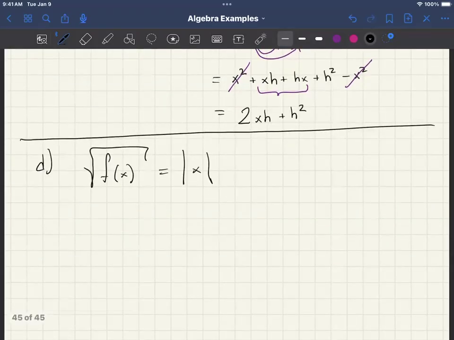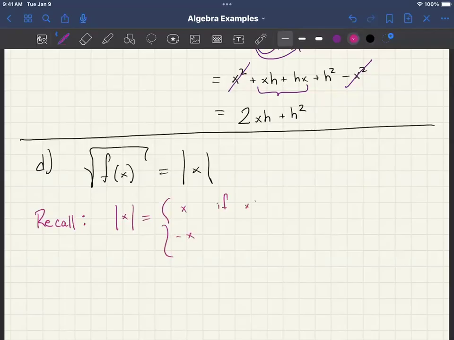Let's do a couple things before we even start here. I want to do a recall, because it's always good to remind yourself what the definition of an absolute value is. It's actually a piecewise function. There are two parts to it.